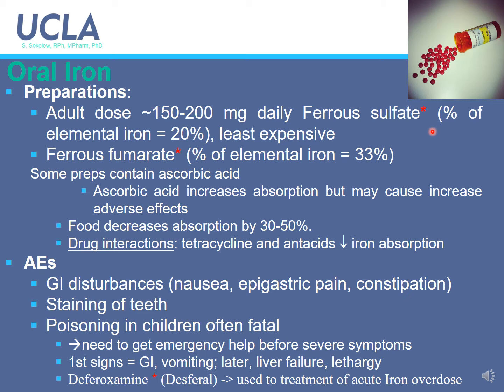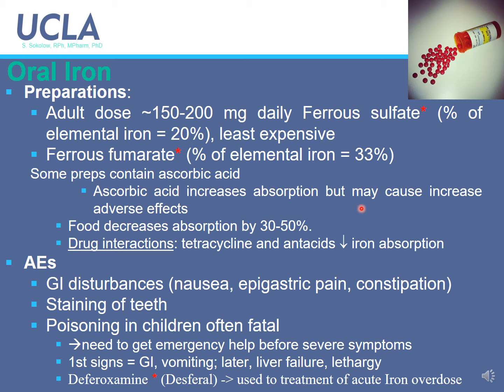The ferrous sulfate provides about 20% of elemental iron and is the least expensive one, while ferrous fumarate provides a little bit more elemental iron, 33%, but it's not as commonly available, and in the pharmacy is a little bit more expensive. Some preparations contain ascorbic acid or vitamin C. The reason is that vitamin C increases the absorption of iron, but the downside is it can also increase the adverse effects.